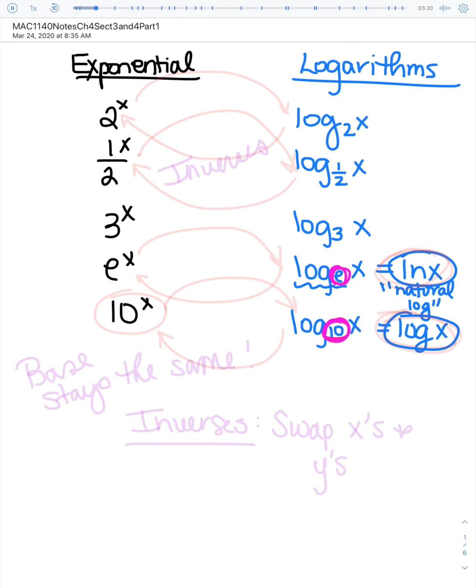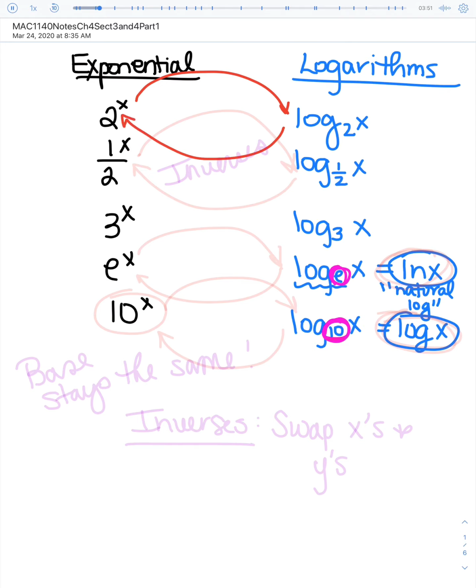Now the question becomes, why am I talking about logarithms and exponentials at the same time? Well, here's the punchline. They are inverses of one another as long as their bases match up. So what is going to undo or be the opposite of a 2 to the x is a log base 2. And in reverse, what's going to be the inverse or opposite of a log base 2 is going to be an exponential base 2.